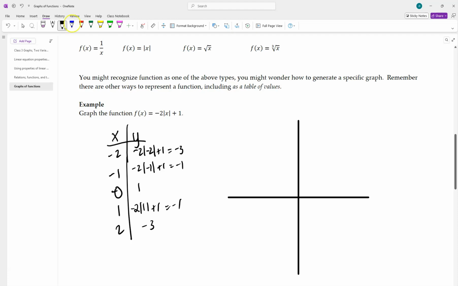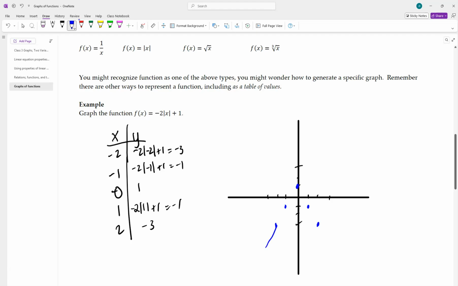I'll let you verify. And so if I think about labeling my graph, I'll just go 3 in every direction: 1, 2, 3, 1, 2, 3, 1, 2, 3, 1, 2, 3. If I plot my points, -2, -3 down here, -1, -1, 0, 1, and then it would mirror.